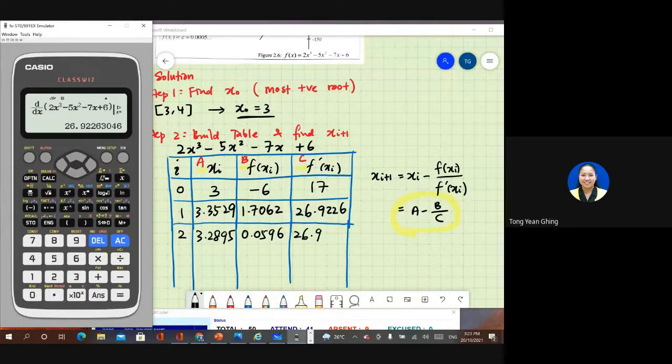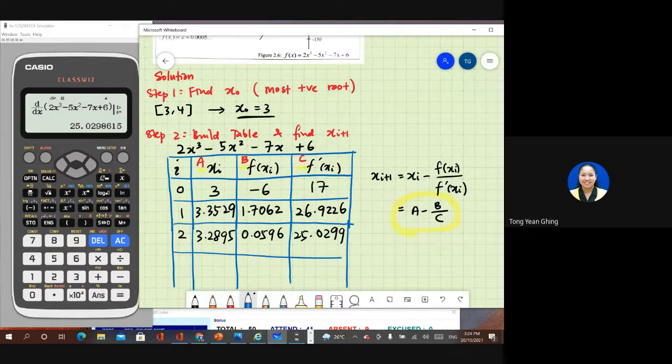Wait, let me check Example 2.8. Wrong, is it? Wait, no. What am I doing? The 3 point here was my mistake. Put here 2895. Okay. Then 25.0299.